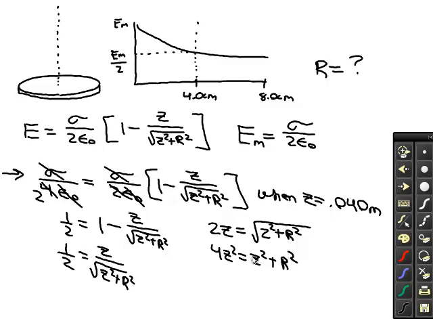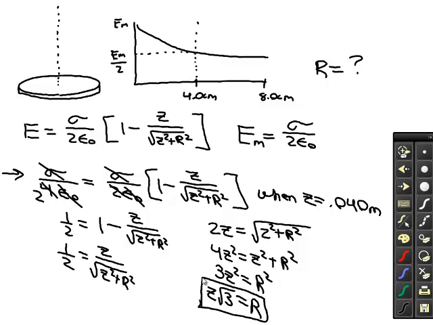If I subtract z squared from both sides, I get 3z squared equals r squared. Now if I square root both sides, I end up with z times the square root of 3 equals r.